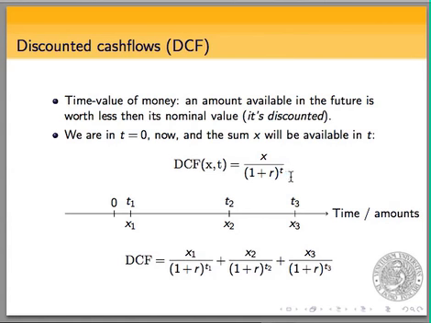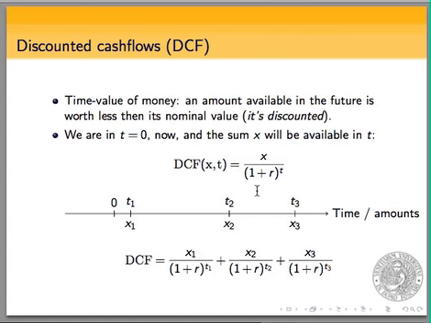And this factor depends on two things. You can see that there is an interest rate r. This interest rate is positive. So here you see a base, 1 plus r, which is bigger than 1. So indeed you are reducing the amount x because your denominator is bigger than 1.